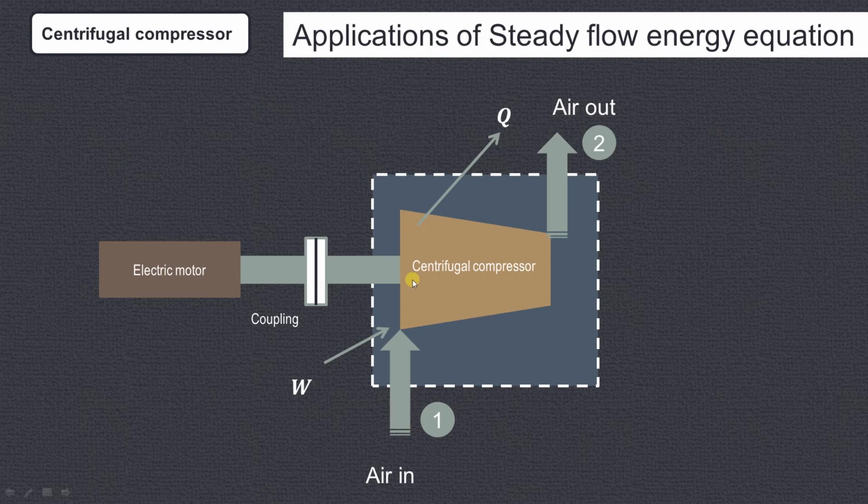This compressor is driven by an electric motor, and the electric motor shaft and the compressor shaft are coupled by this coupling. So electric work is supplied, so W is supplied to the system. As the work is supplied to the system, it is considered as negative, and the heat is rejected from the system, so that will also be negative.